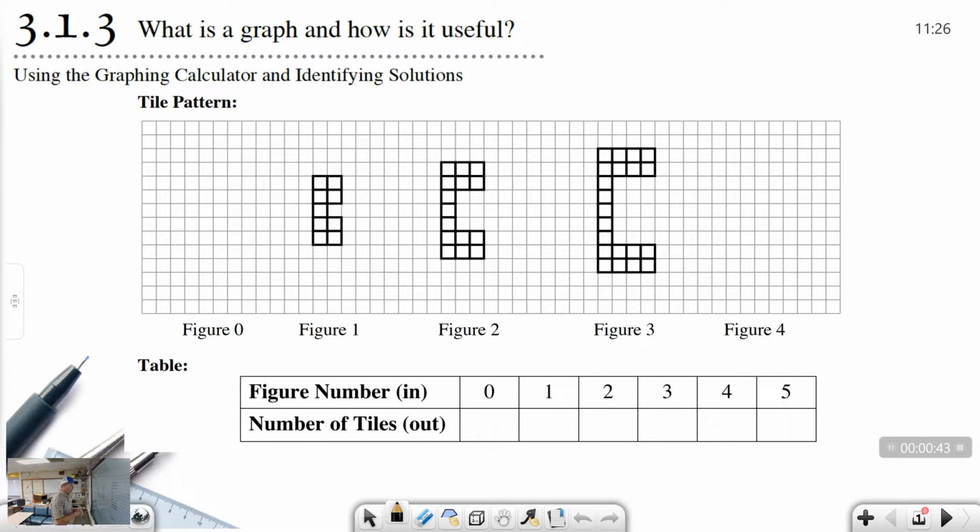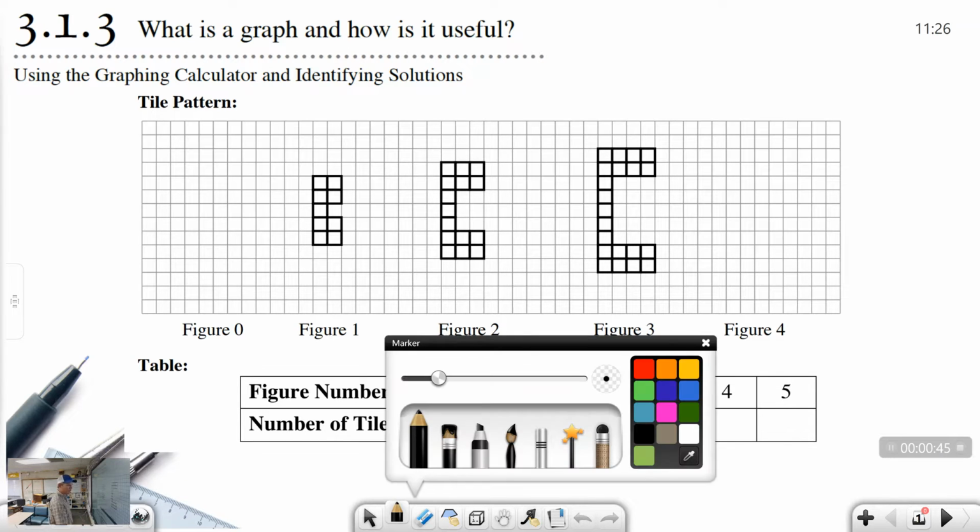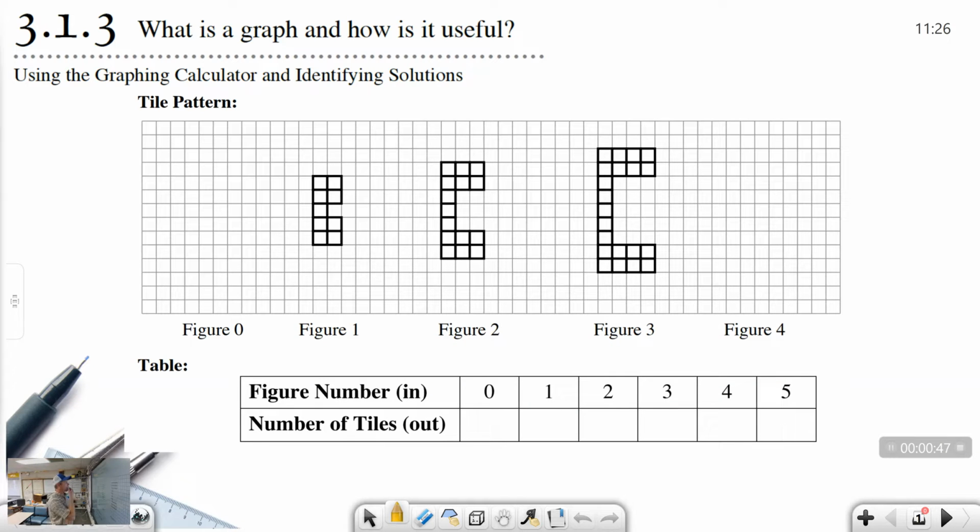I notice it's growing. What are some ways that I could notice that it is growing? Well, I notice that there are 2 columns, then 3 columns, and then 4 columns in the top and bottom. So I would suppose that my next figure would have 5, 5 up here and 5 down here.